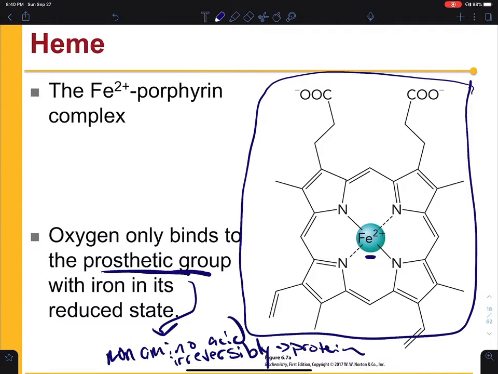FAD is another covalently bound prosthetic group. So there's any number of prosthetic groups around. For us, the key is that these prosthetic groups are irreversibly bound to the protein, and they are not amino acids, so they don't have amino acid function.